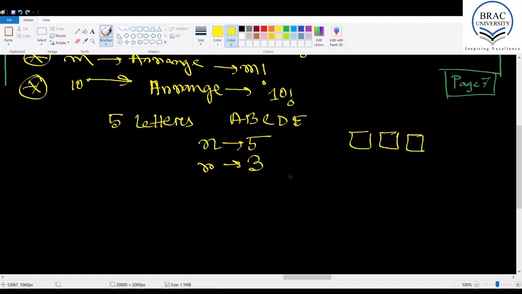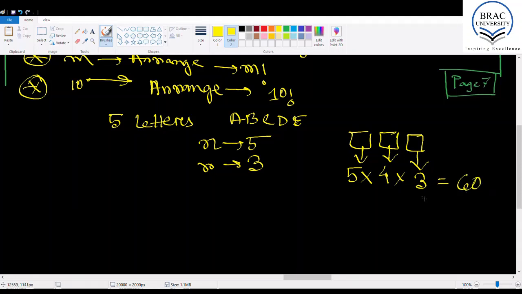So for the first slot there are 5 options, for the second slot there will be one less, and for the third slot there will be 2 less. So the total number of arrangements that you can make, or the total number of permutations that can be made from these 5 letters using 3 of them, is 5 times 4 times 3, that is 60, right?